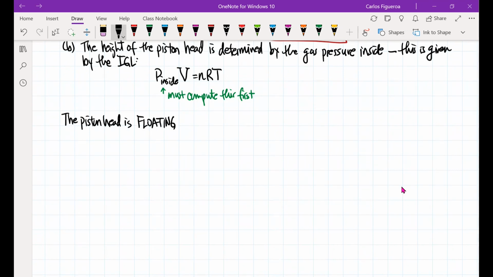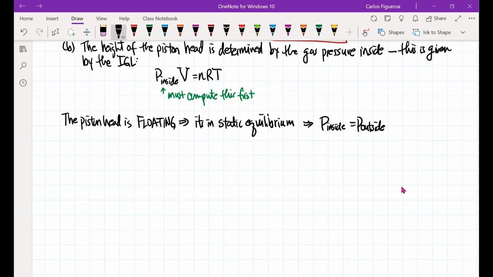And if the piston head is floating, that implies that it's in static equilibrium. And if it's in static equilibrium, that further implies that the pressure inside must equal the pressure outside. That's what we've got to pay attention to.